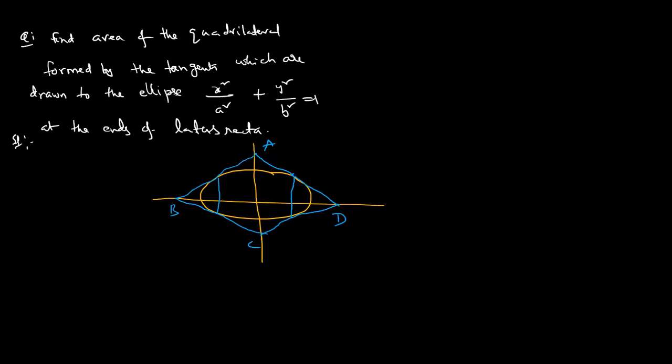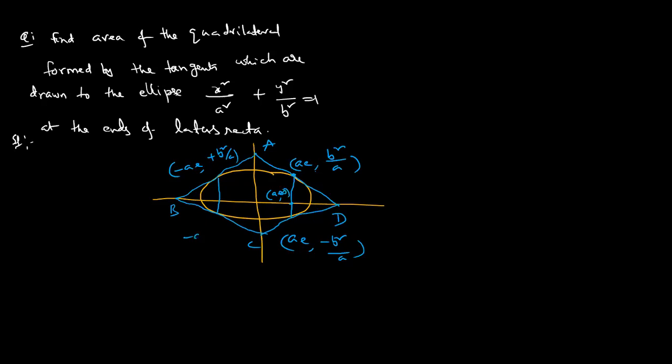But what are the coordinates of this one? What are the foci? (ae, 0). This is (ae, b²/a). What about this one? (ae, -b²/a). What about this one? (-ae, b²/a).